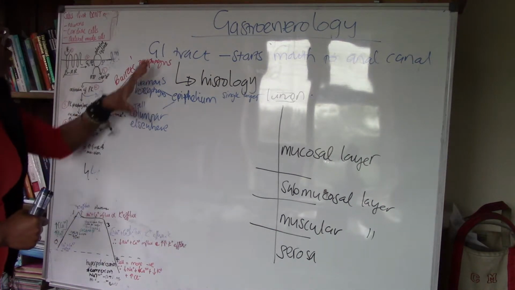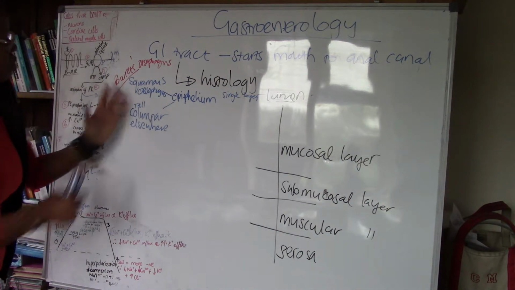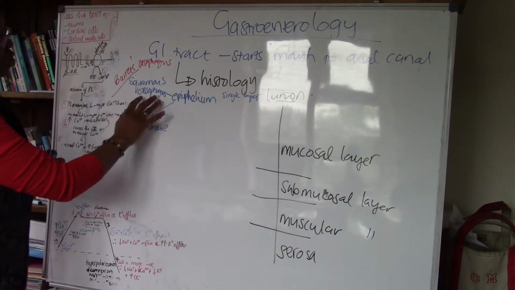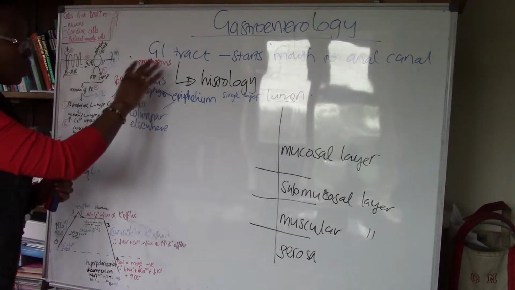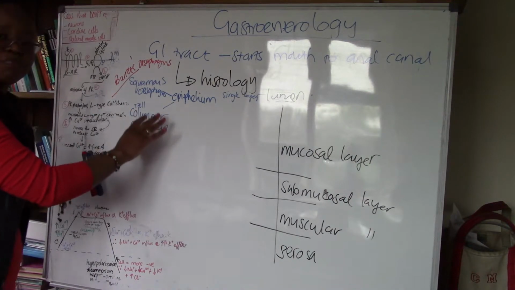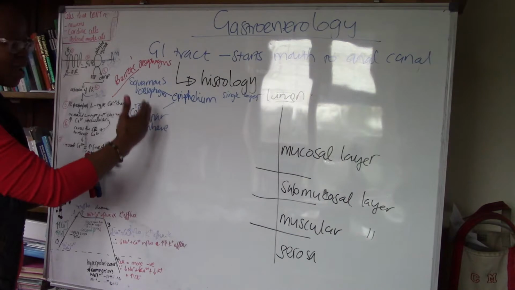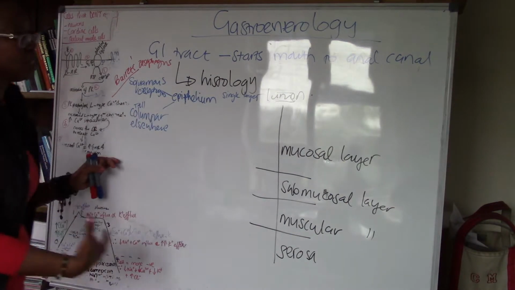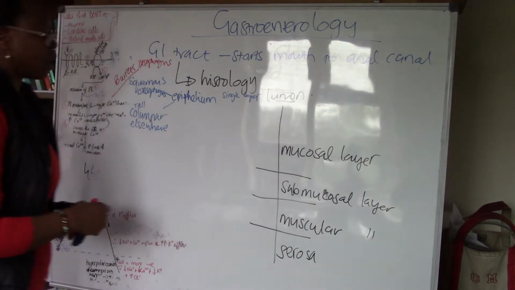This is why I'm specifying that the esophagus has squamous epithelia, which does not have that protective element of being able to withstand the gastric secretions that are found particularly in the stomach.